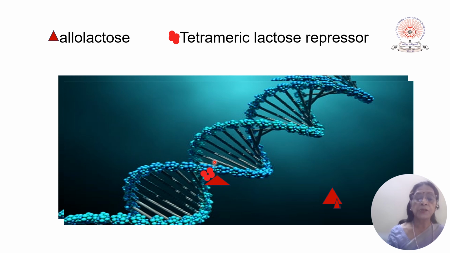As it is an allosteric protein, it has separate binding sites through which it binds both to the DNA at the operator sequence and to the lac inducer. And when the inducer binds, there is a conformational change of the lac repressor and it dissociates from the major groove of the DNA.